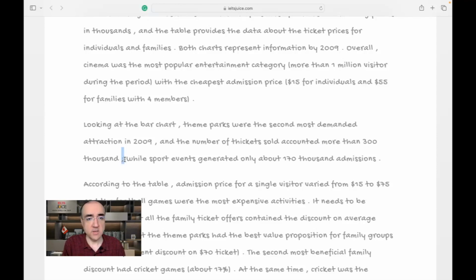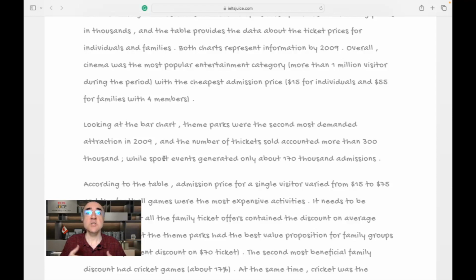I wouldn't use a semicolon here. I need a comma before while. And in some instances, you don't even need that comma. You just carry on with the sentence. While sports events, when you are creating a compound noun with sport, it comes with an S. So you might say sports event, not sport and then event.